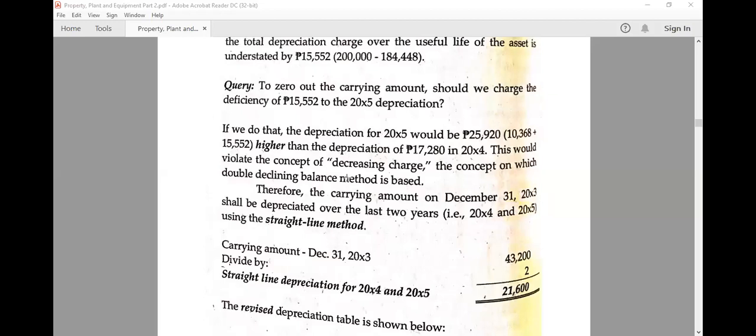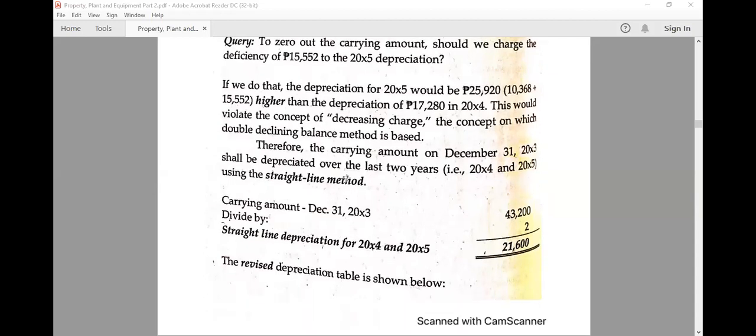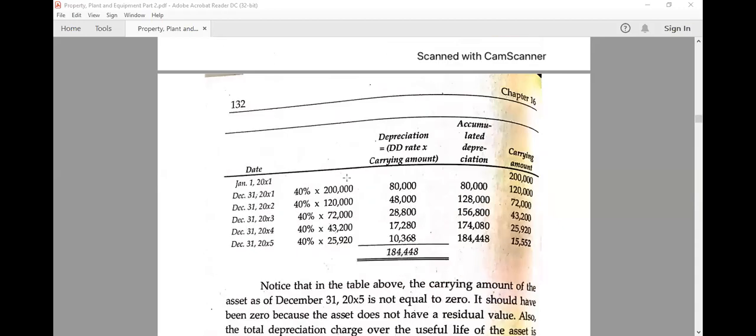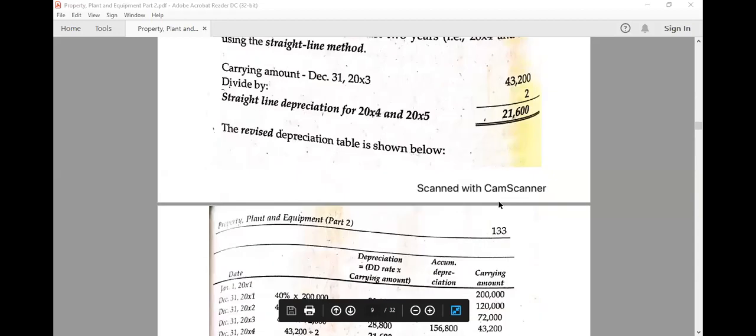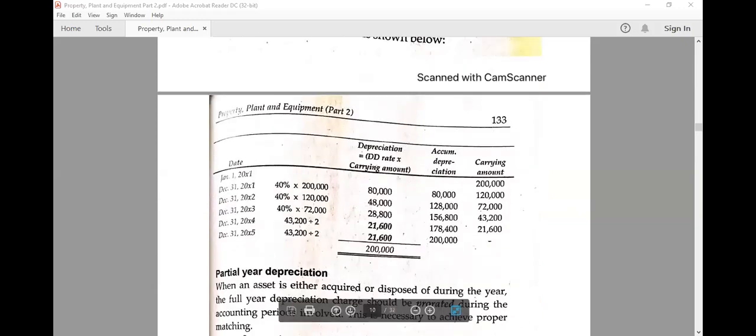Very true that really there would be decreasing charges. So in that case, whatever the carrying amount is, it shall be depreciated over the last 2 years using the straight line method. So last 2 years, meaning 20x4 and 20x5. To be able to go there, we need to construct the table first. And this is how we are going to compute. All right. So we will continue in the next video for the continuation of our discussions.